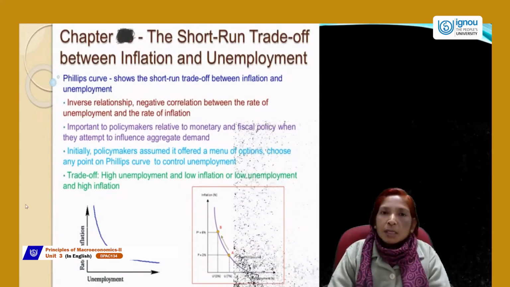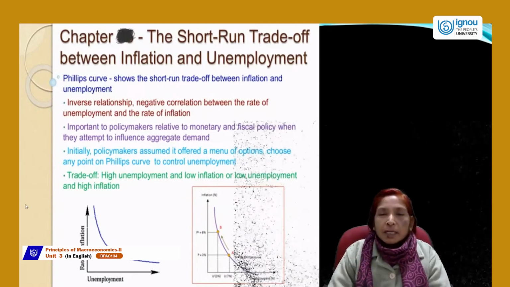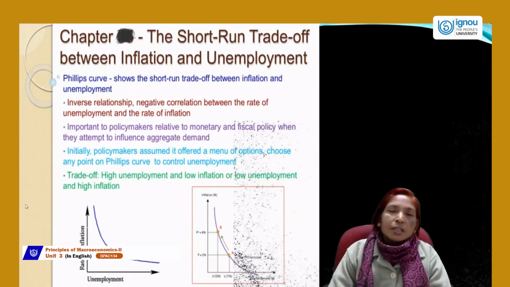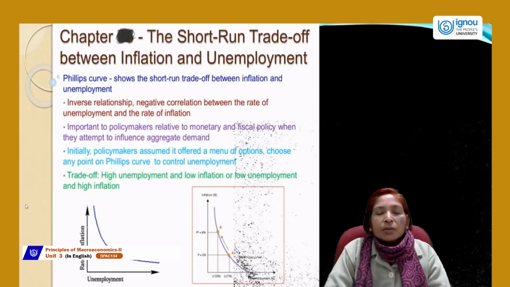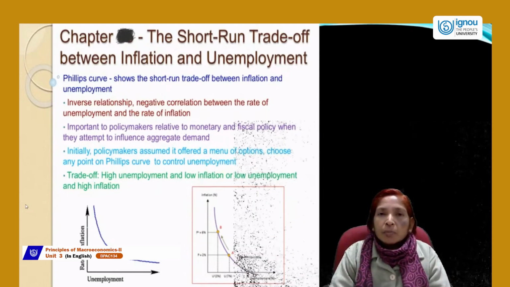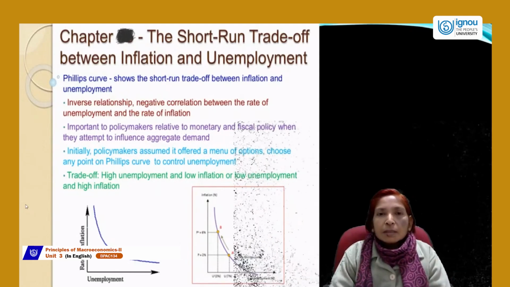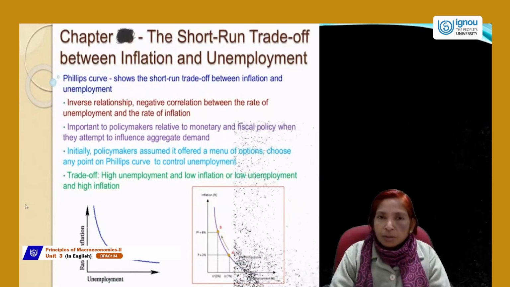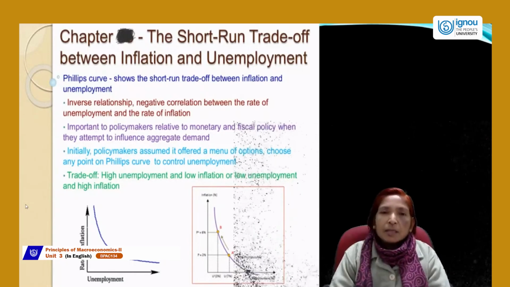Number three is G, government expenditure. And number four is net export, which is the difference between export and import. So in a four sector economy, aggregate demand has four components: C plus I plus G plus net export, or X minus M. X is export and M is import.